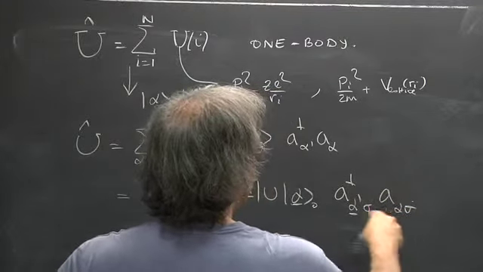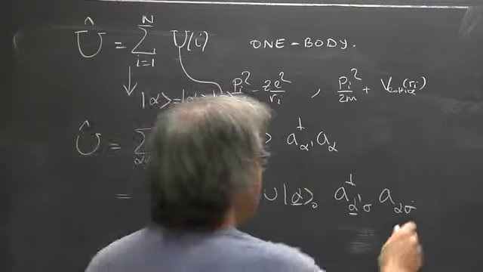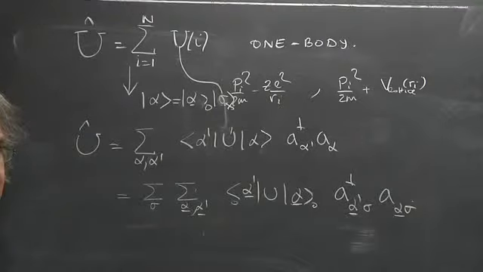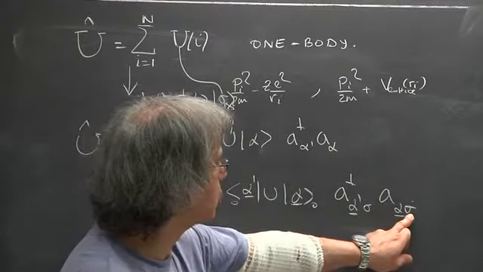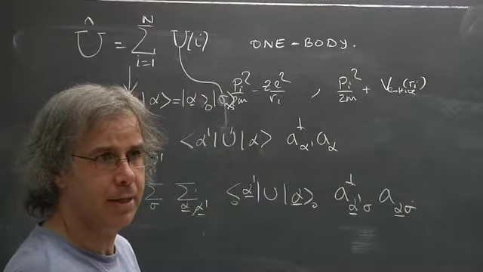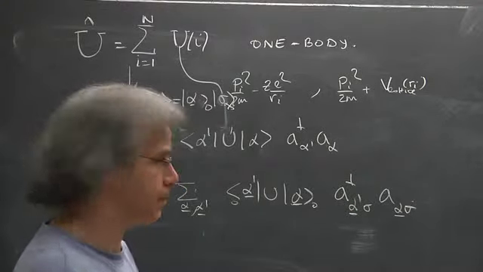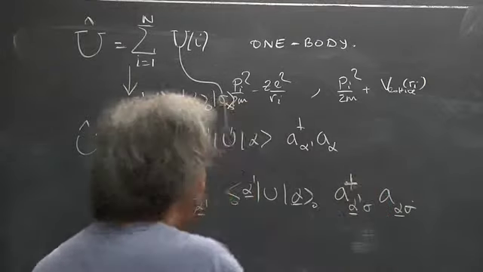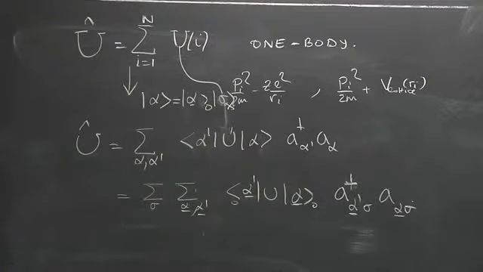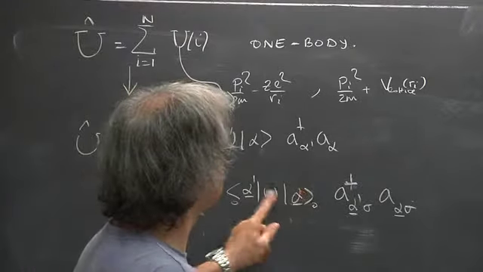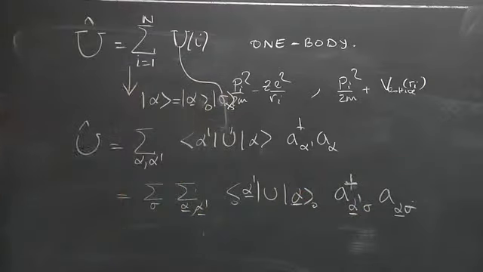In other words, the spin is conserved. It's not changed by the operator. So the spin which you destroy and the spin of the particle you create are the same. Is this clear? Obviously, there are cases of one-body operators that involve the spin, and in that case, you should be aware of the fact that, in principle, the spin might change. Is this clear? Good.